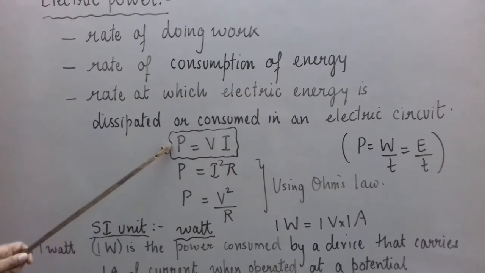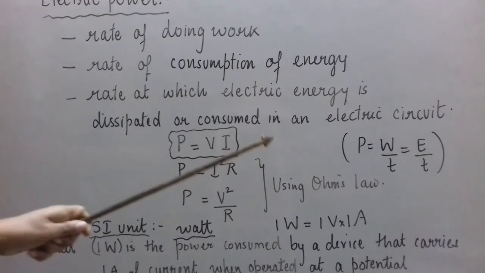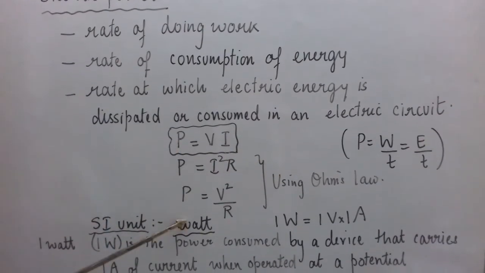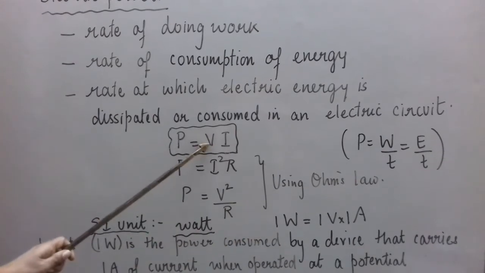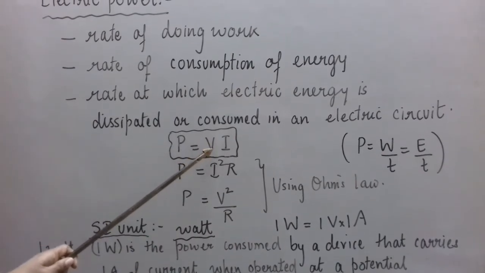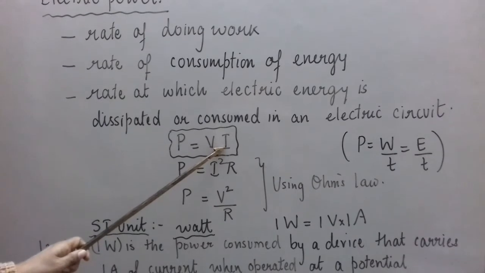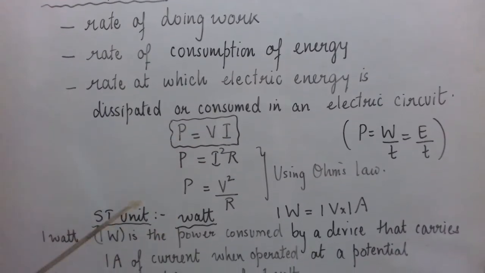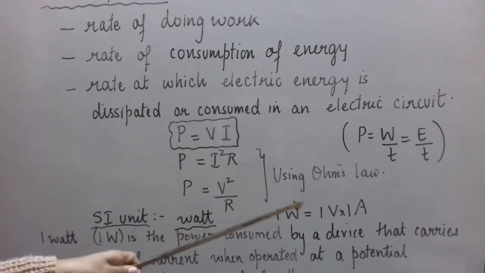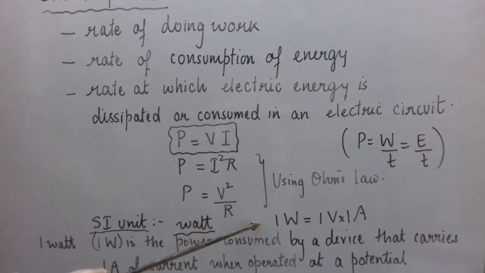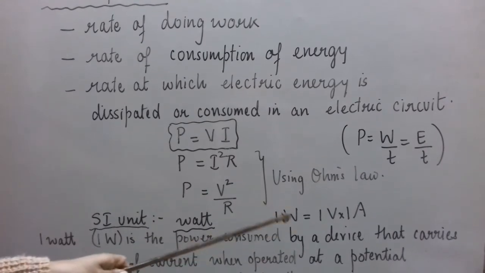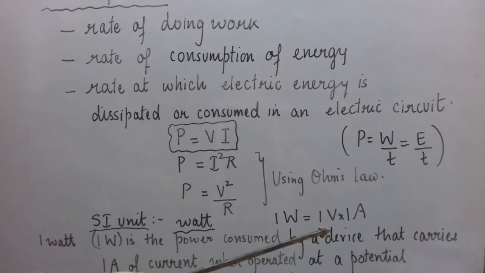Watt from this expression is also equal to V into I. What is the unit of potential difference? Volt. What is the unit of current? Ampere. So watt, which is SI unit of power, is also equal to volt ampere. So we can write 1 watt is 1 volt ampere.